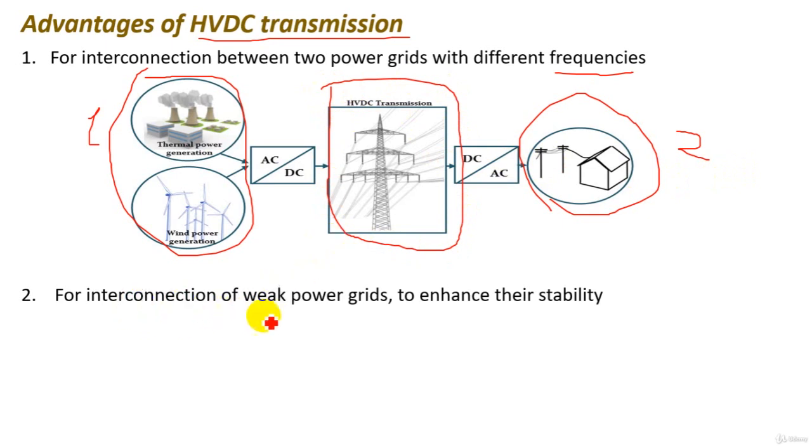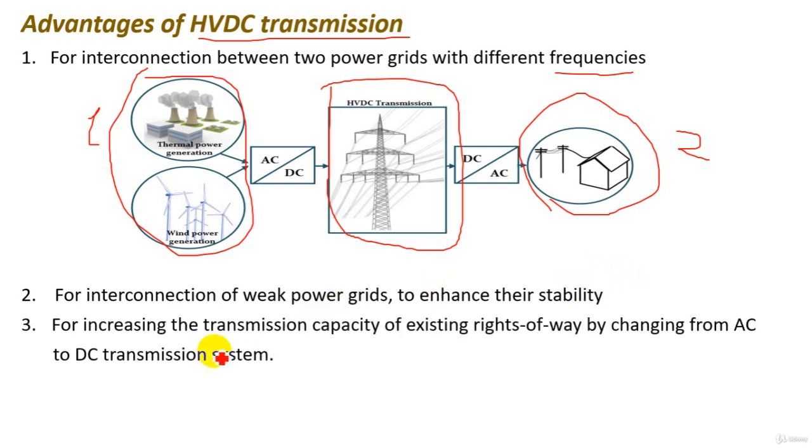Also for interconnection of weak power grids to enhance their stability. When high voltage DC transmission is used, the power system stability and the transmission stability increase.